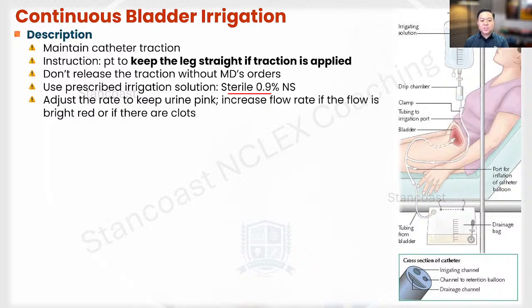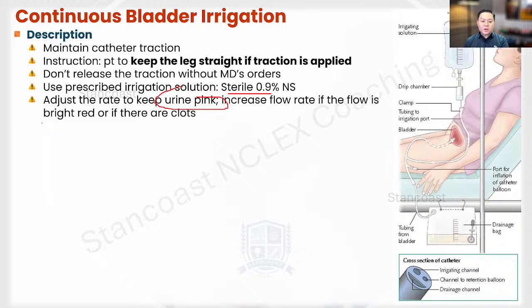Now, we're going to have to adjust the rate of the irrigant, okay? This is something that you have to observe, really. So what you can do is adjust the irrigation rate in order to keep the urine pink. This is going to be our goal, urine to be pink.